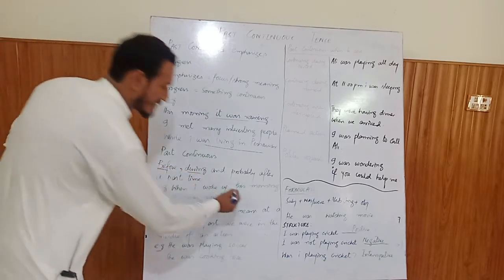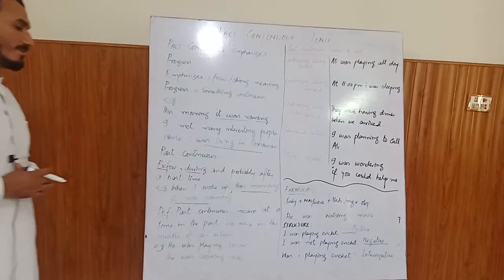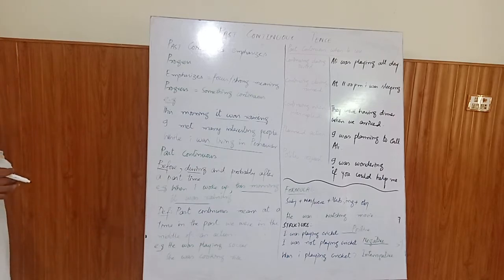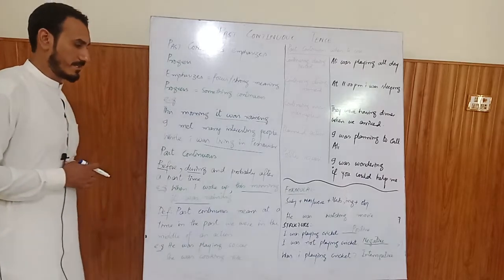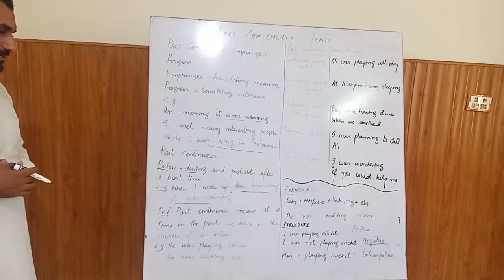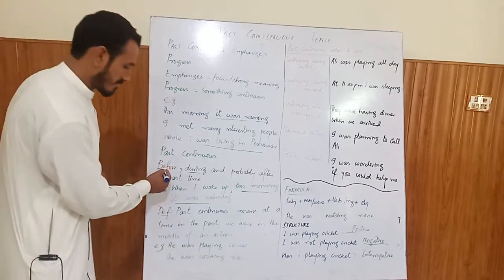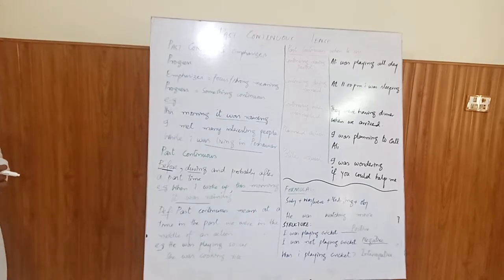So it was raining. It represents before. Before it was raining when I woke up. It was raining all the time and then I woke up. So it represents before. These actions happened before.